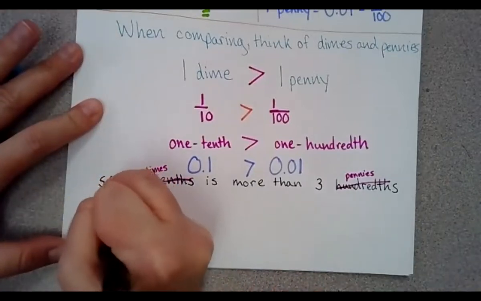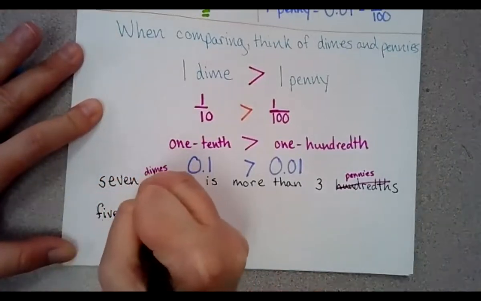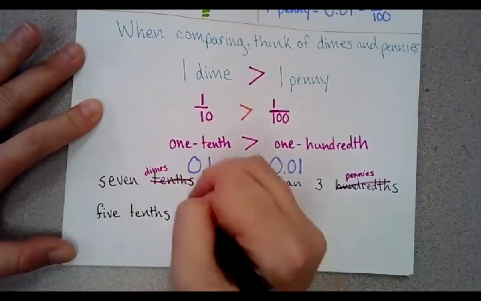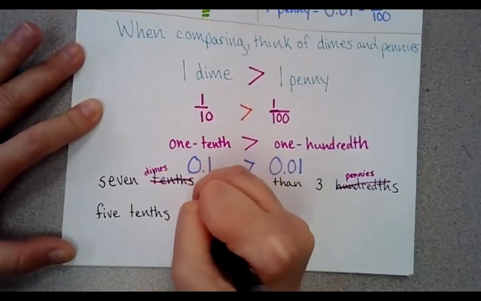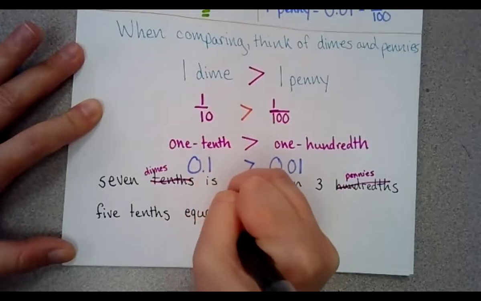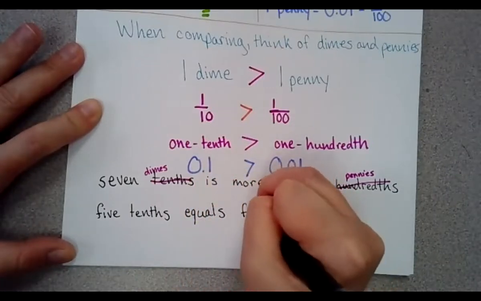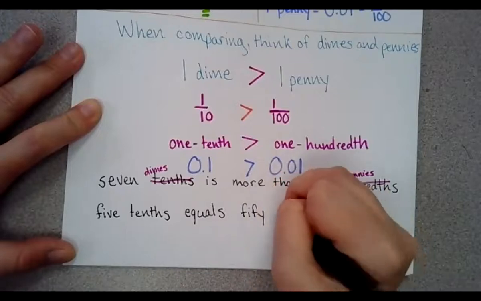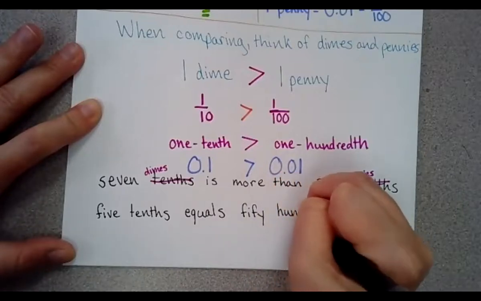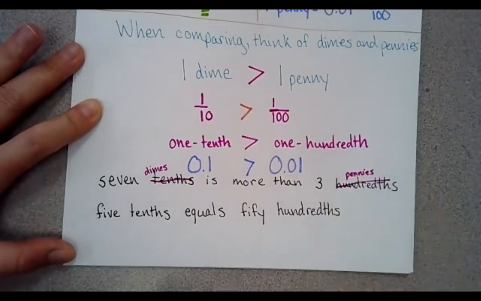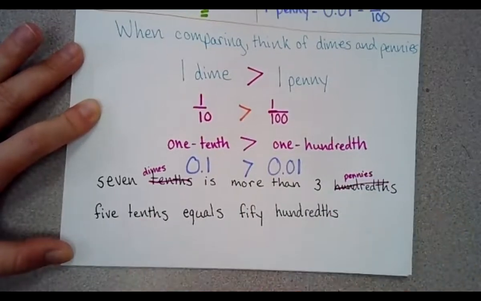Okay, so let's do another one. Write 5/10 tenths equals 50 hundredths. Miss Ross, that doesn't make any sense. Well, turn it into dimes and pennies.